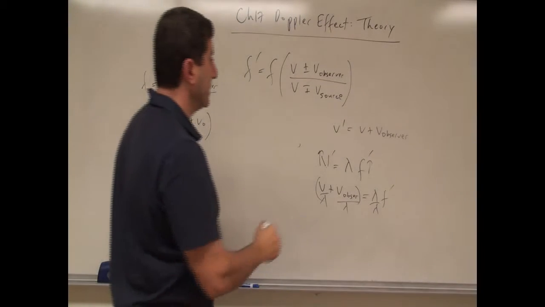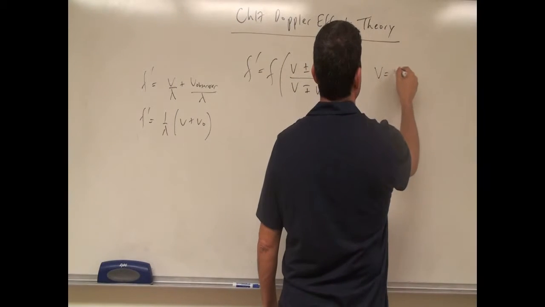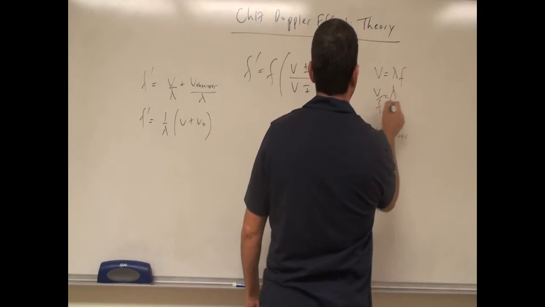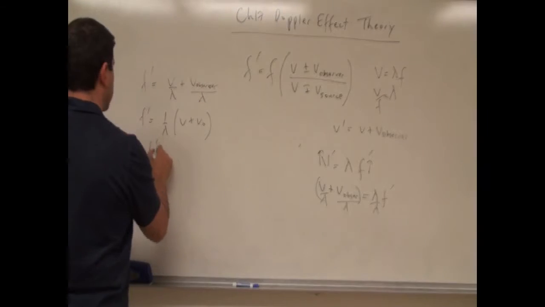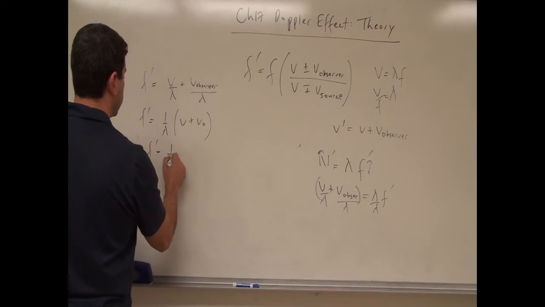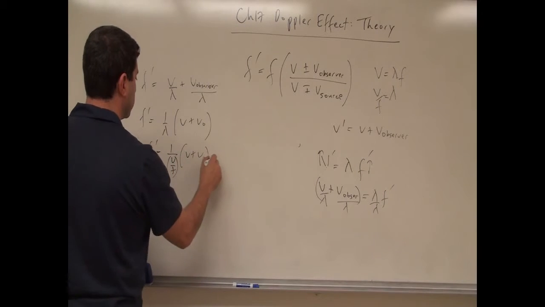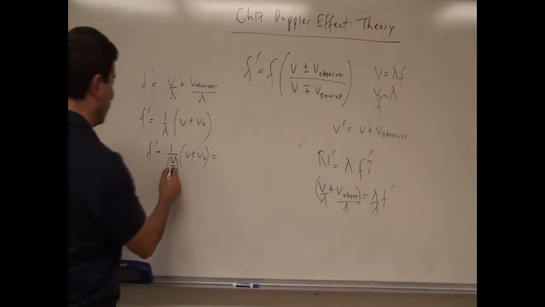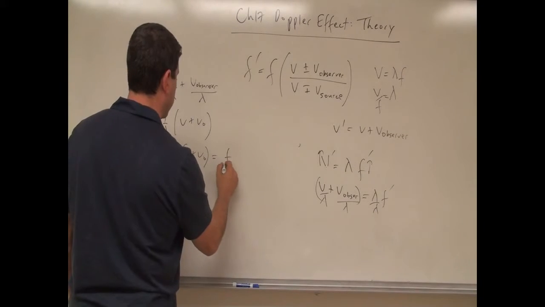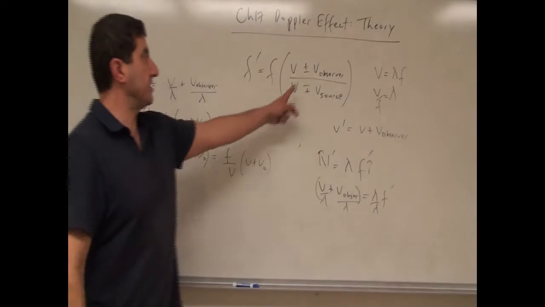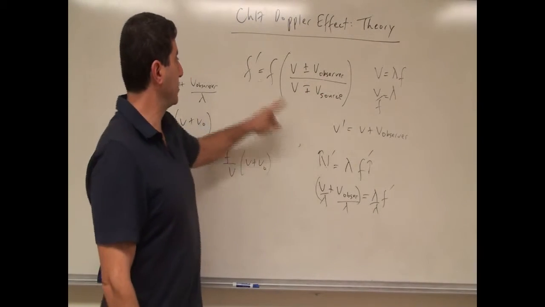Then we can use the fact that the original velocity of the sound is lambda f, so lambda is equal to v over f. So we have f prime is equal to 1 over (v over f) times (v plus v observer). And then this f goes to the top. You have f times (v plus v observer) over v, which is effectively this equation, right? So what is this saying?